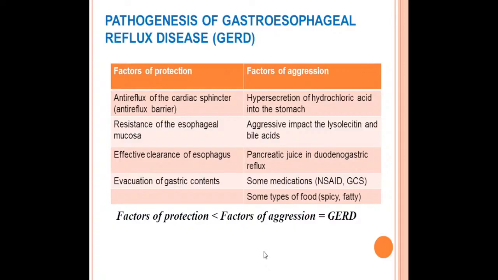These drugs and systemic corticosteroids may provoke gastroesophageal reflux disease. Some types of food, for example spicy and fatty food, are also factors of aggression. If the factors of protection are low and the factors of aggression are higher, it may end in gastroesophageal reflux disease.